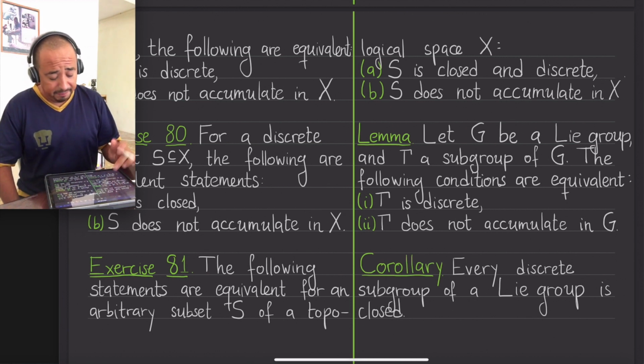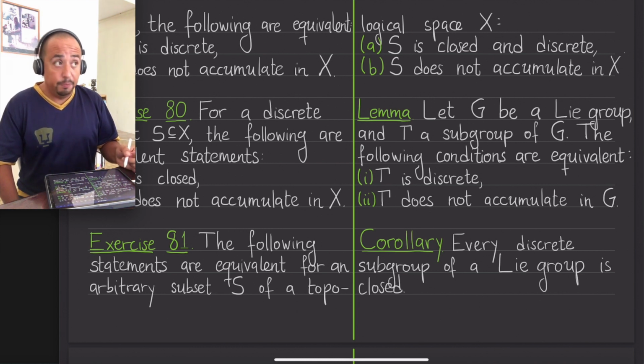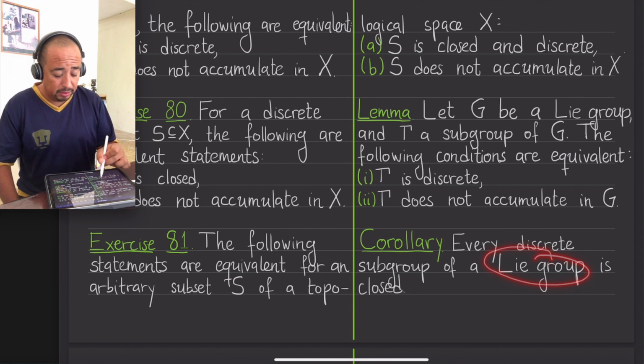An exercise, maybe a challenging exercise, would be to ask to which extent we can put here some more general groups, not only Lie groups. Can we put arbitrary topological groups here, and is the corollary still true?